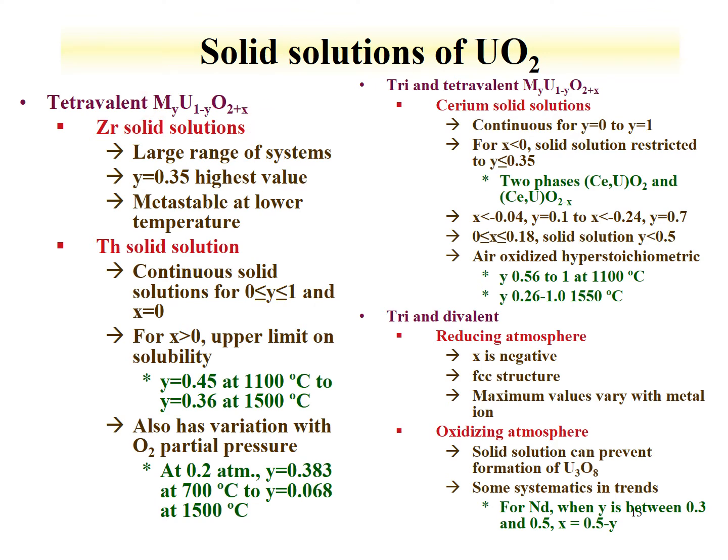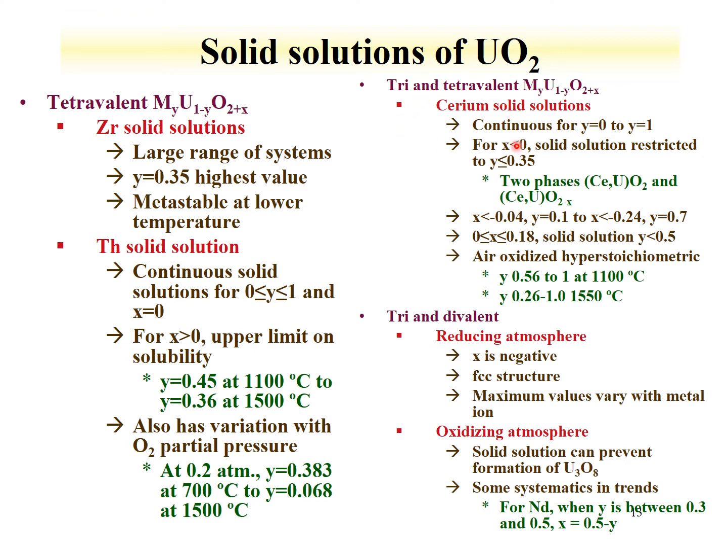Unlike zirconium, thorium has an ionic radius very similar to uranium, both about 1 angstrom, whereas zirconium is about 0.72 angstrom, so it's much smaller. Thorium makes a solid solution with uranium over the entire range.